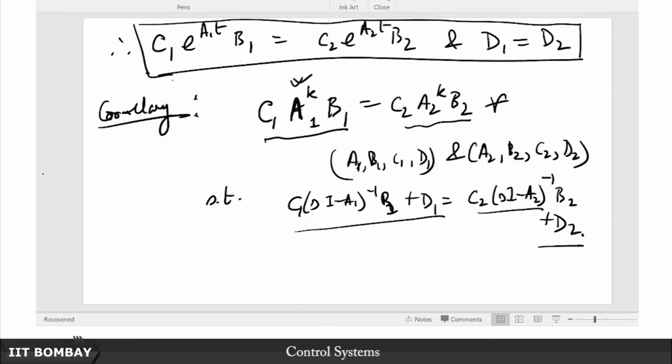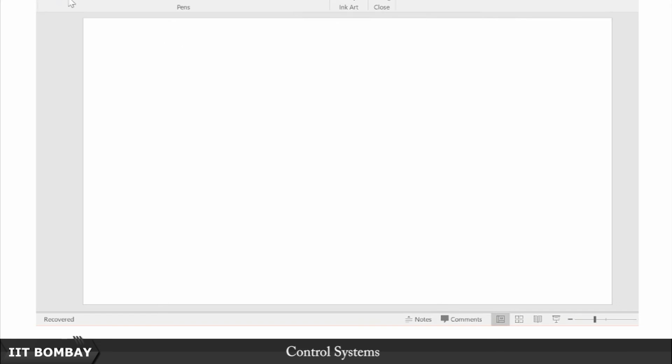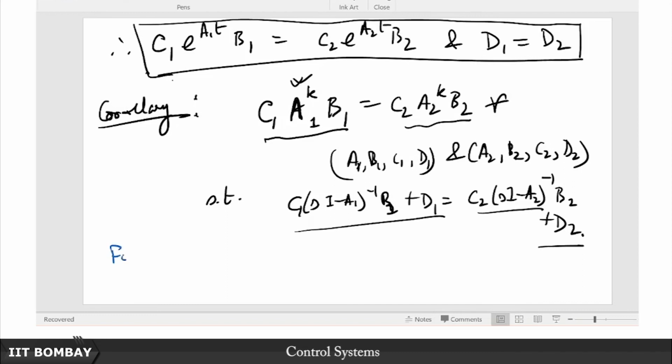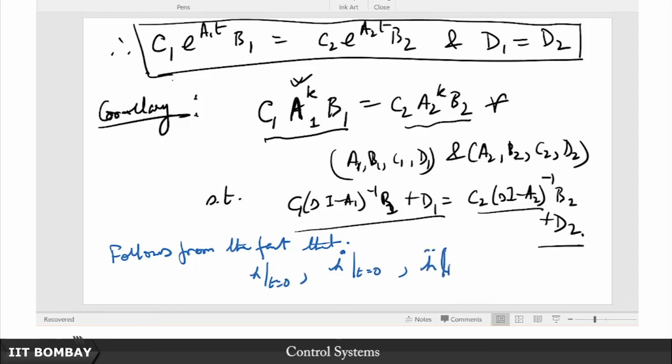The response and its derivatives and all higher order derivatives must match at t equal to 0. So this corollary follows from the fact that h evaluated at t equal to 0, h dot evaluated at t equal to 0, h double dot evaluated at t equal to 0, etc., until the kth derivative evaluated at t equal to 0, must be the same.